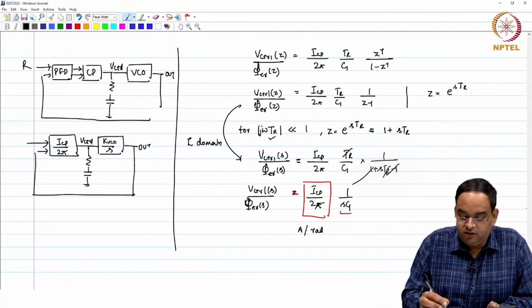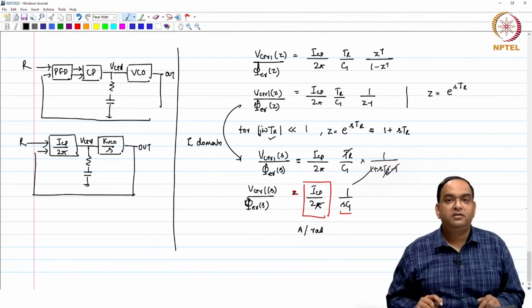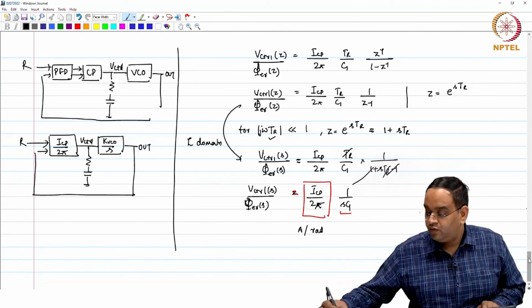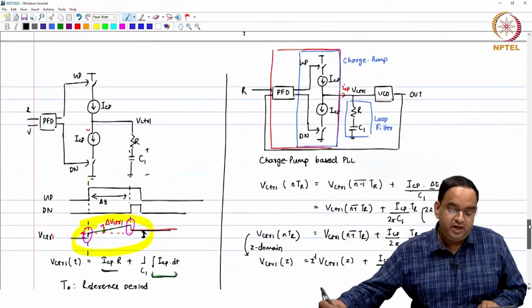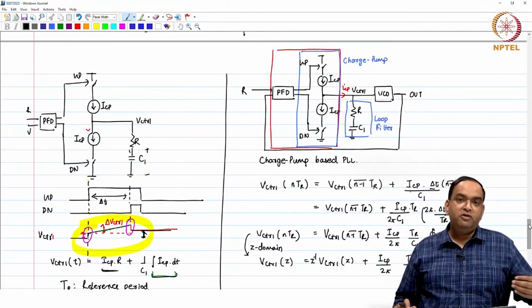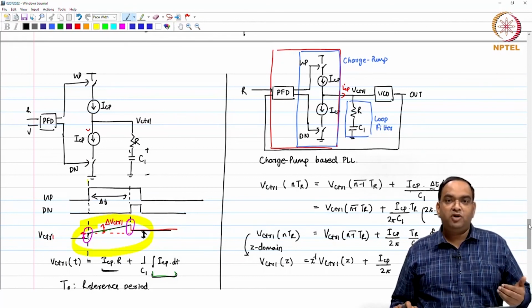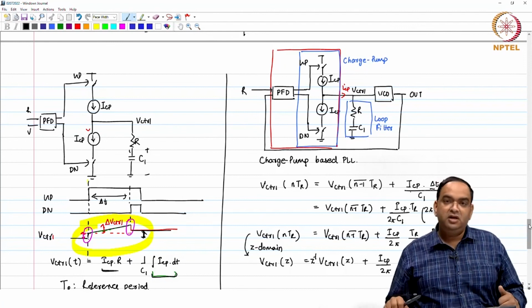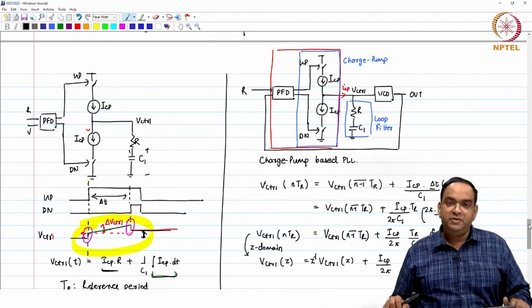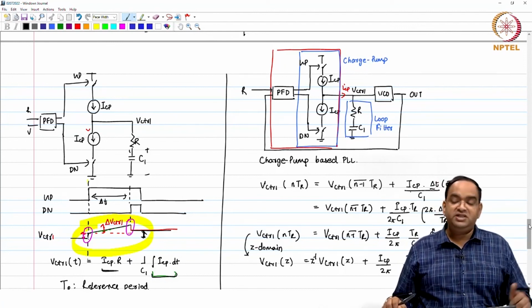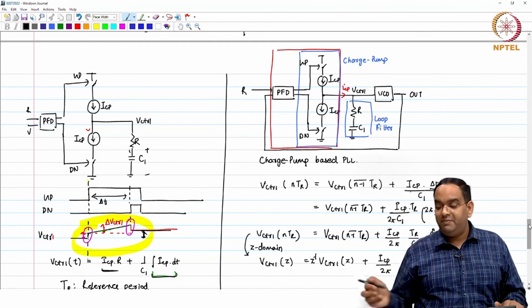So, what did we do? We introduced how to convert the PFD output to the control voltage. We looked at two options. We found that the charge pump based option appears to be much easier to implement.